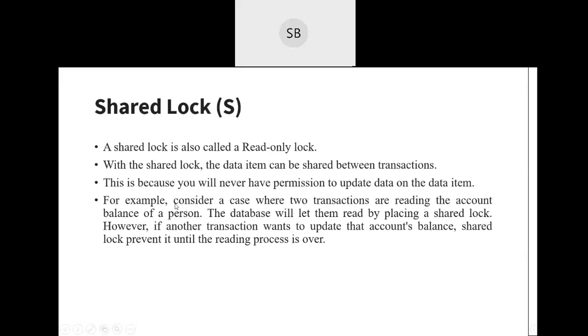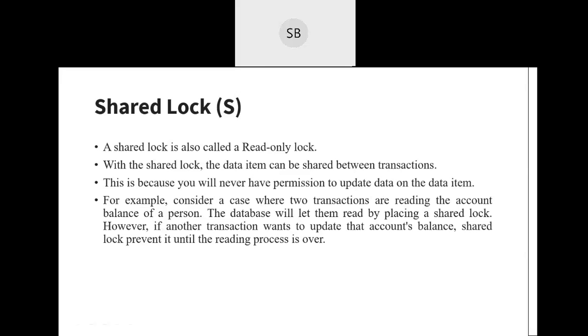Next, you can see here an example is given. Suppose we have two transactions. You can imagine a schedule where T1 and T2 are there. Consider a case where two transactions are reading the account balance of a person. So the database will let them read by placing a shared lock, because reading is possible for anyone.